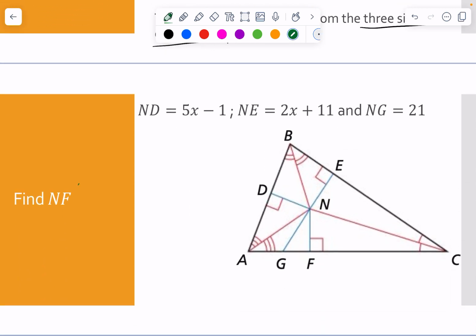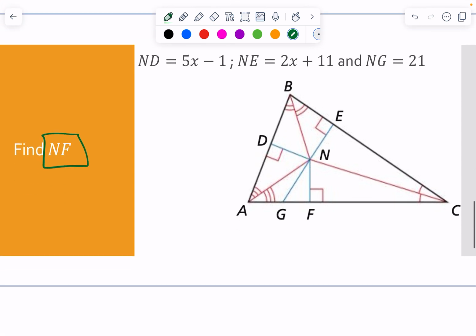So what I'm told is I want to find NF, okay? So as I look at this, the first thing I notice is that N is the incenter, okay? I know that. And I know then that we have some measurements that are equal to each other.